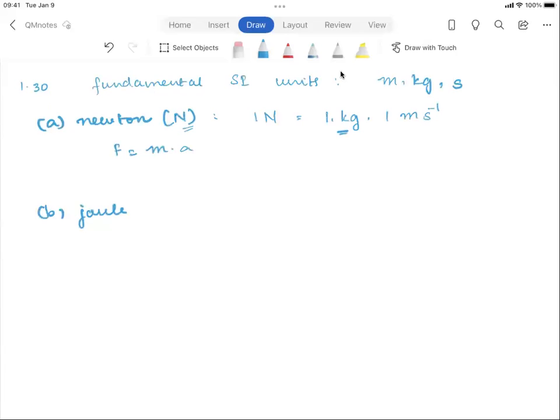The force has a unit of 1 Newton, the mass has a unit of 1 kilogram in SI units, and acceleration has a unit of 1 meter per second squared. So Newton can be expressed as kg meter per second squared.